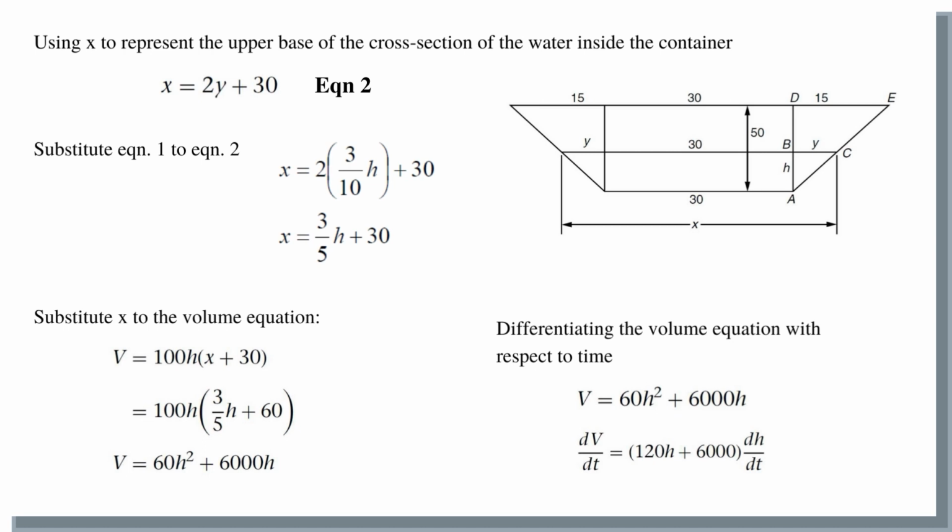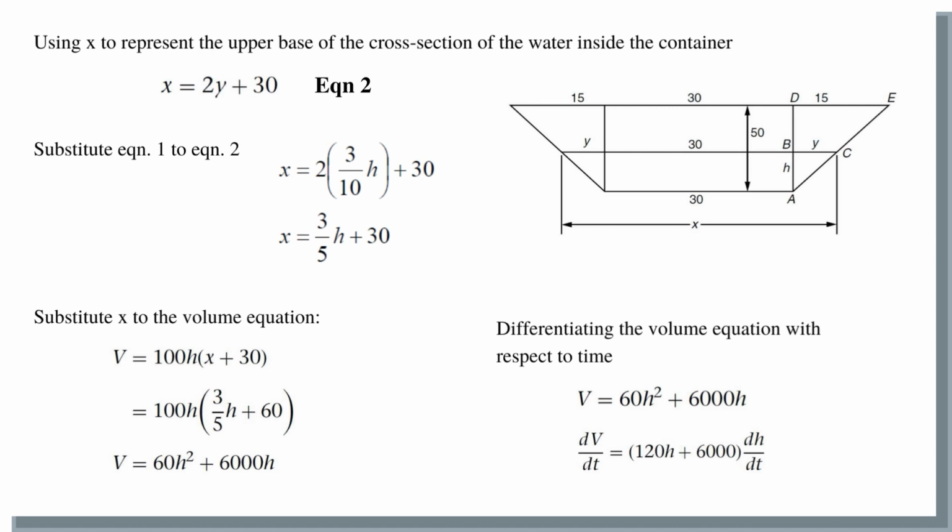So replacing x in this volume equation with 3/5 h plus 30, this would be equal to 100h times the sum of the quantity 3/5 h plus 30 plus 30. So this would give us 100h times the sum of the quantities 3/5 h plus 60.